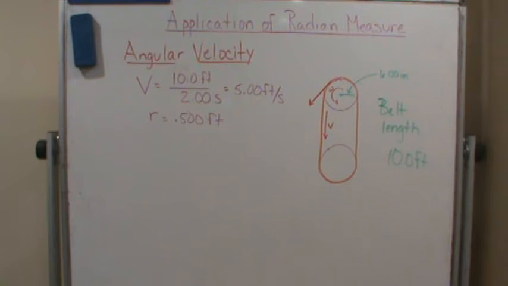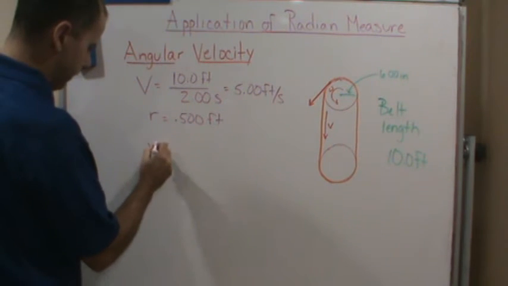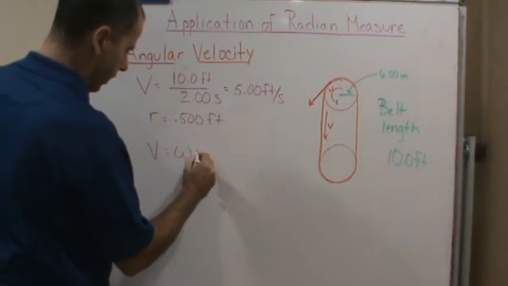Now, we can find the angular velocity by just substituting, right? So we know that v is equal to omega r.